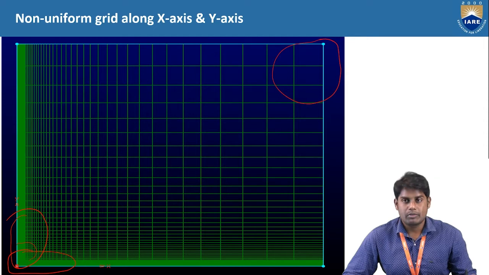These things are applied because if you want to capture any special quantities near to the plate. Near this plate region, you have a boundary layer, let's say a thermal boundary layer or momentum boundary layer. Let's say this boundary layer is of 0.002 meter thickness.